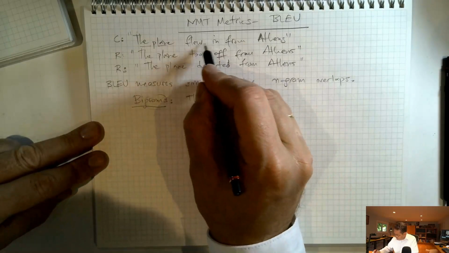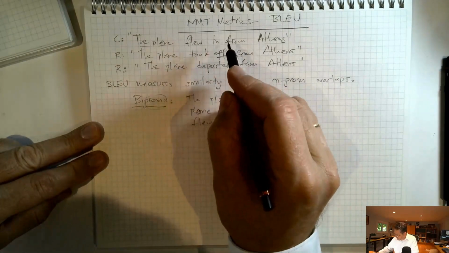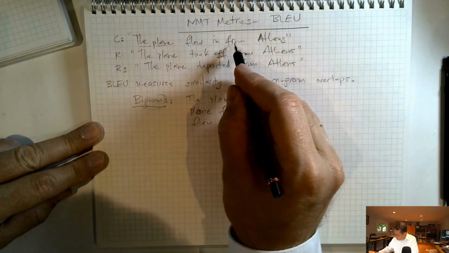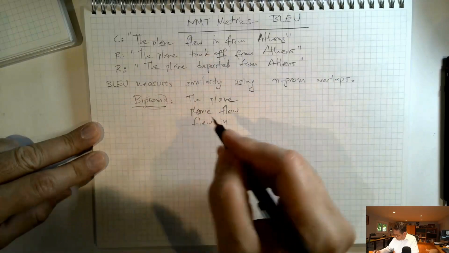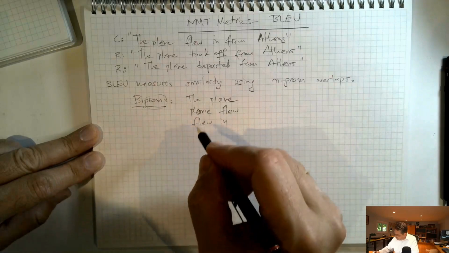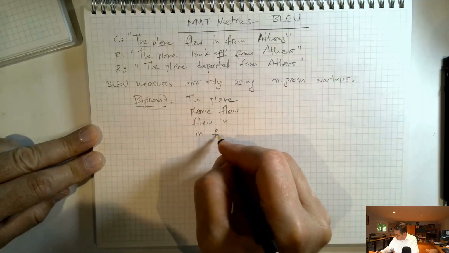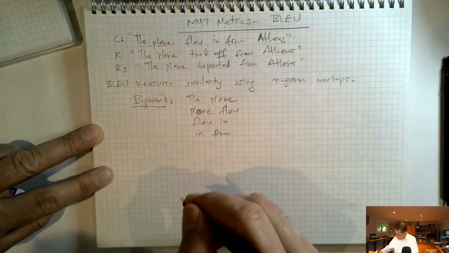The other one is flew in. I forgot to mention that bigrams are consecutive, so that's why I don't have all the permutations here. Flew in from, and from Athens.